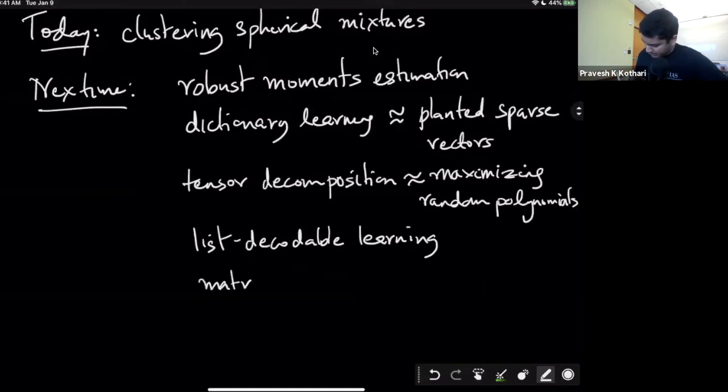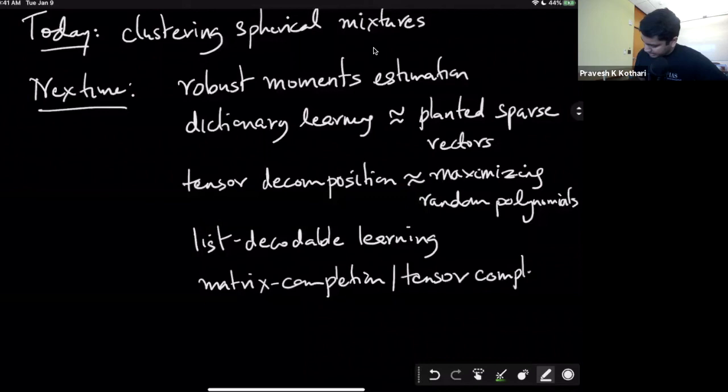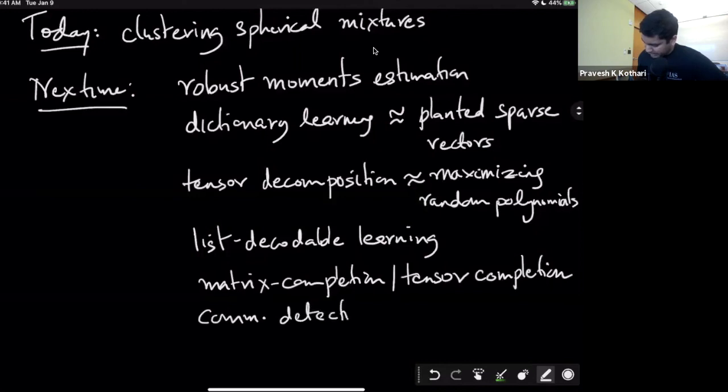And if there is time, we might look at some results about tensor completion and matrix completion, if you heard about those. But of course, there are lots of problems like this. We'll not look at every one of those in the remaining few lectures that we have, but we'll certainly point out how the same approach that we're going to apply today is general enough to apply to these and many other problems. Okay, good.